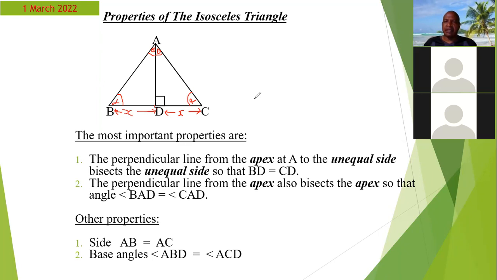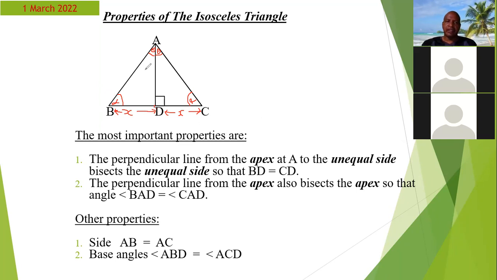And that is what makes it symmetrical. So once the left side mirrors the right side, the line that you fold the image through is called the mirror line, or it is also called a line of symmetry. All right? So that's something to bear in mind.